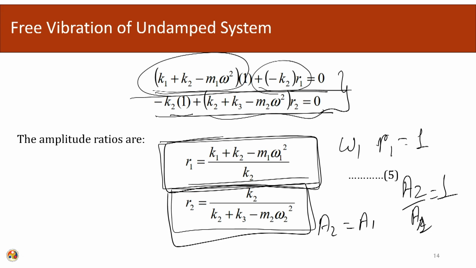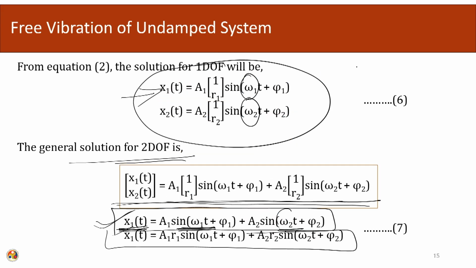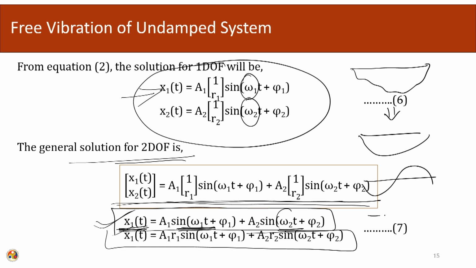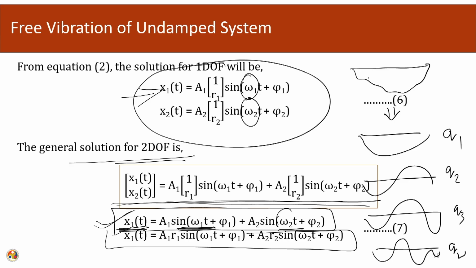Now, again recapping, the total response of the system is a summation of all the modes multiplied by an amplitude factor. So, we have chosen 2 degrees of freedom. For each degree of freedom we will get the response contribution from all the modes.